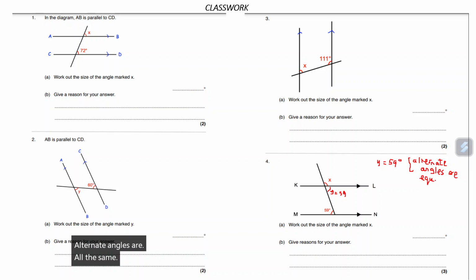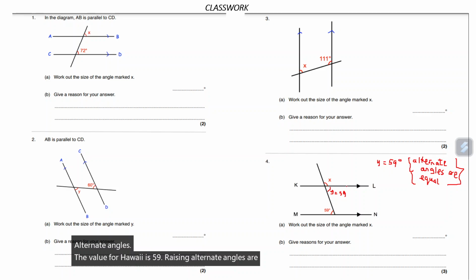They are all a matter of sentence and choice. Alternate angles. The value for y is 59. Reason: alternate angles are equal.